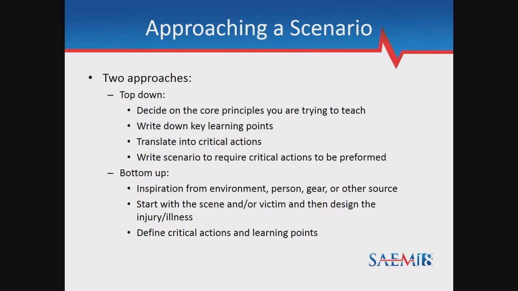For example, if you want to teach someone how to put on a splint on the leg, your critical actions are: immobilize the joint above and below; assess for sensory and neuro deficits before and after the splint; and be able to carry that person 10 feet without the splint falling off, then reassess the neurovascular status. So those are your critical actions, and then that's how you build it. Okay, well, I need a broken bone, so I'm going to make this person fall.